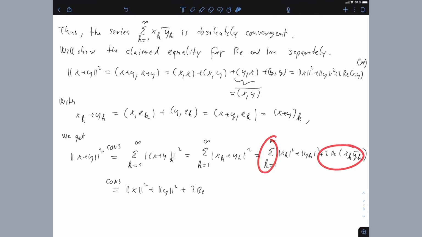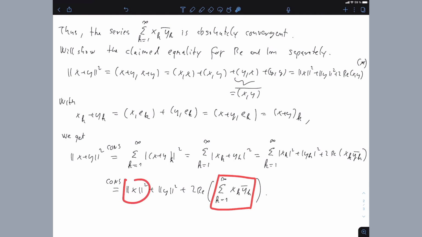And this is what is left over. And for the real part, I can just pull it out of the series. We already know that this converges, so we know that all of the objects here exist.